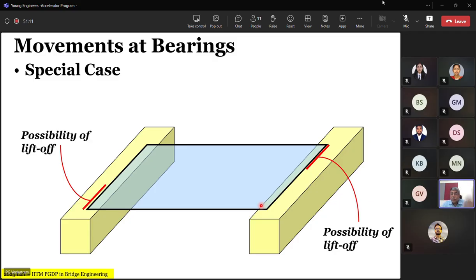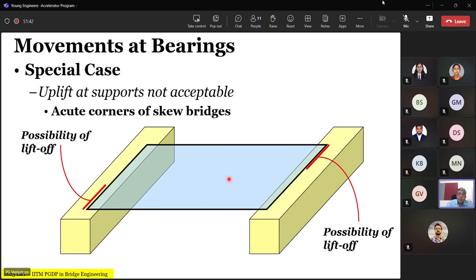We'll understand it separately on some other day, but rest assured that if it is a slab arrangement which is on skew, these acute angle corners always suffer from the possibility of liftoff. So you have to take care of it in the bearing articulation arrangement. This is critically important if you ever work on bridges in which the skew angles are more than 30 degrees and the aspect ratio of span to width is really adverse. So uplift at the acute corners, or support there, is not acceptable.